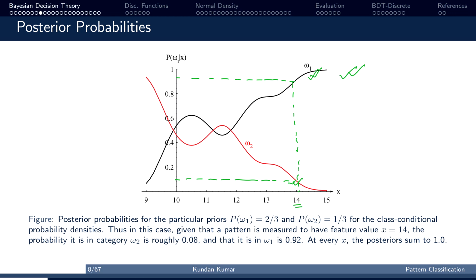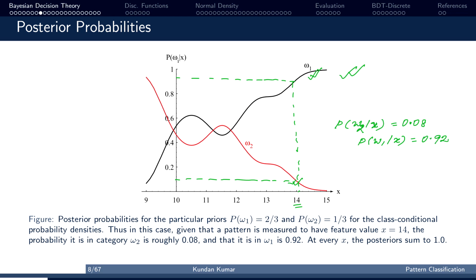Then the posterior probability will be P of omega 1 given x equal to 0.92 and P of omega 2 given x equal to 0.08.